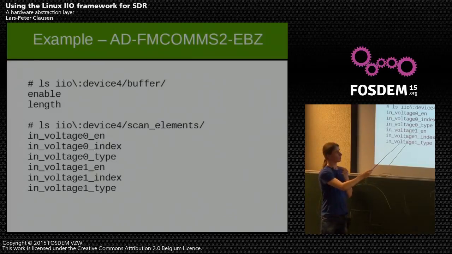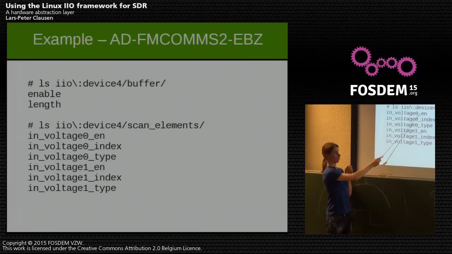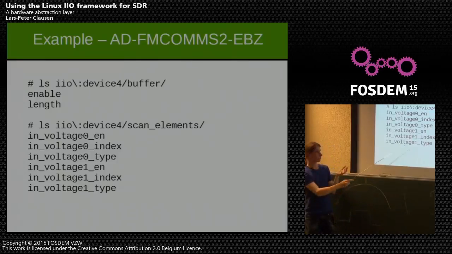There's an index, and this index is unique to the channel, and it tells you in which order the channels are stored in the hardware buffer. So let's say this one has index 0 and this one has index 1. Then we know if both are enabled, this one will be in the buffer before this one. If this one is disabled and only this one is enabled, there will only be one channel in the buffer.